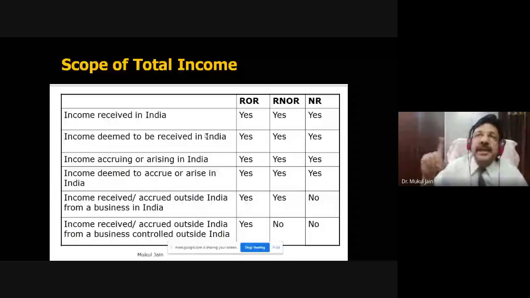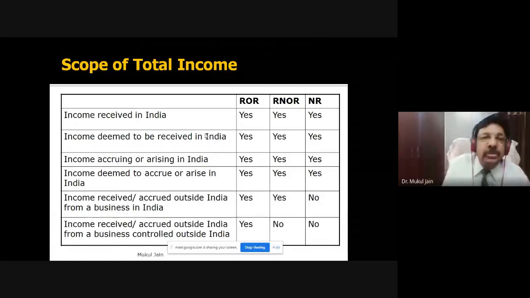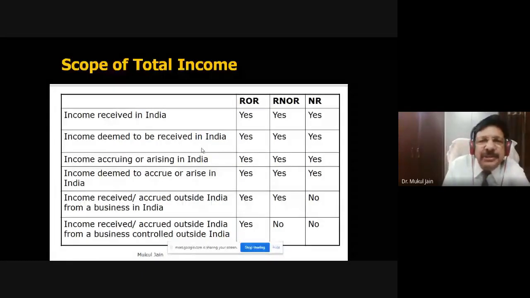The income was sent to him through online payment, and it was actually physically received in Japan, but it was deemed to be received in India. Deemed means it was supposed to be received in India, but afterward he went to Japan, and so we sent the income in Japan. So it doesn't matter. So deemed to be received in India, again, yes, yes, yes.